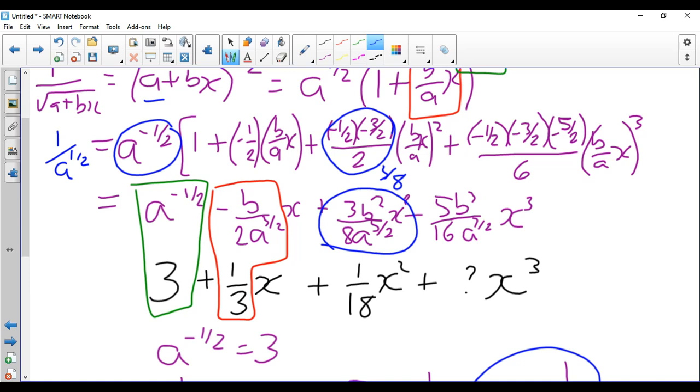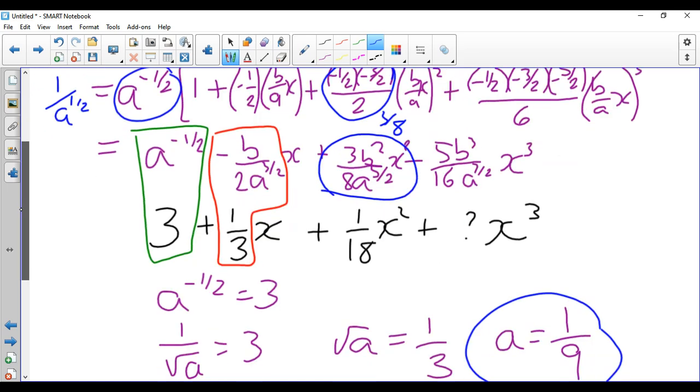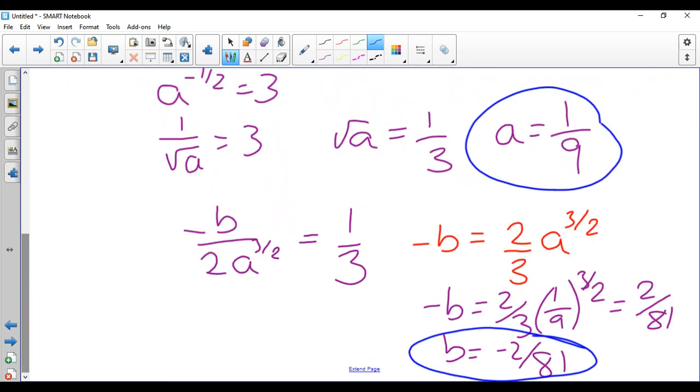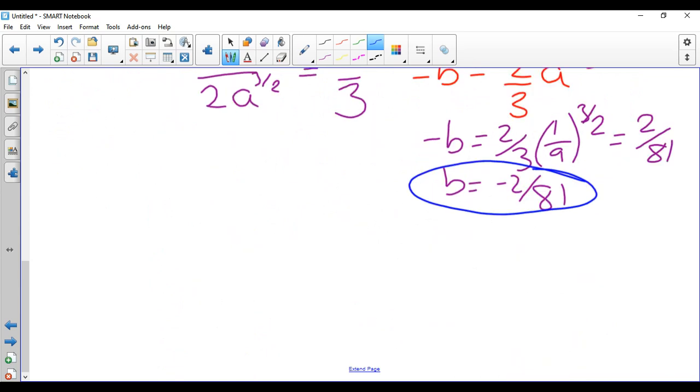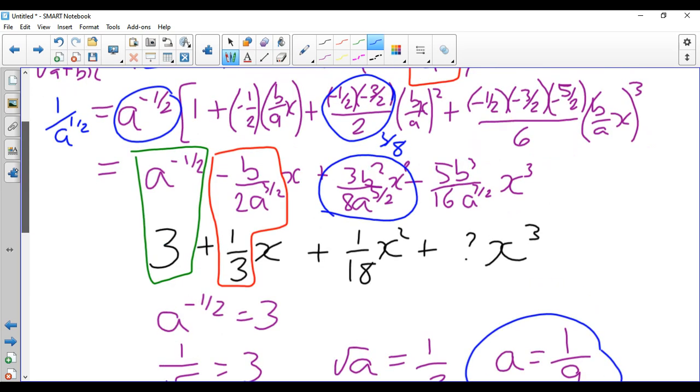Okay, so I now need to work out the x cubed term. So I've already got up here that it's 5b cubed over 16a to the 7 over 2. So I've got 5b cubed over a to the 7 over 2 is my coefficient. Did it have a plus? No, it has a minus.